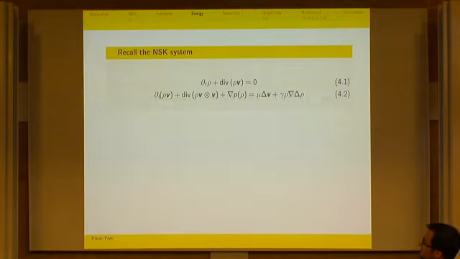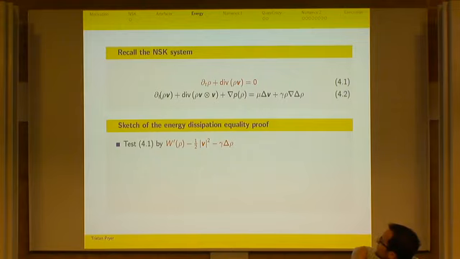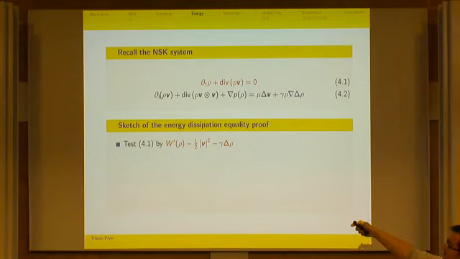I'm going to sketch this for you. I've got my Navier-Stokes-Korteweg system, which I've labeled. And what I do, very roughly, is I test the first equation with this quantity here. It's actually the first variation of the energy.